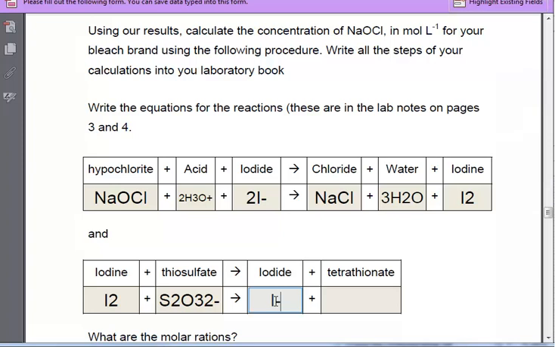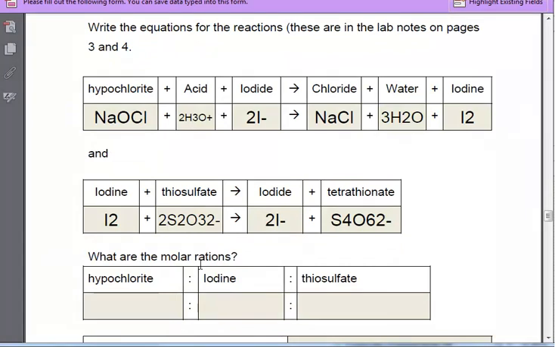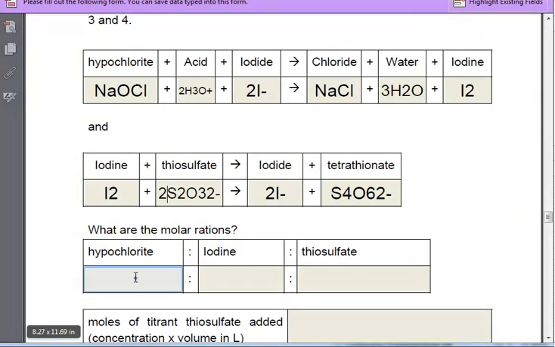Produces iodide, and tetrathionate, which is S4O6 and then 2 minus. Okay, so obviously this is going to need 2 moles to balance it. So from that, the ratios are that 1 mole of hypochlorite produces 1 mole of iodine, and that reacts with 2 moles of thiosulfate.